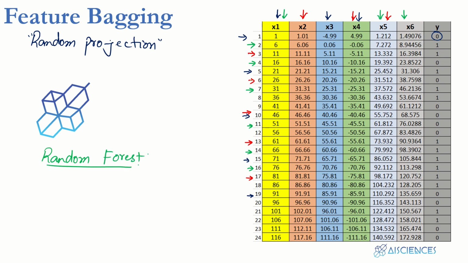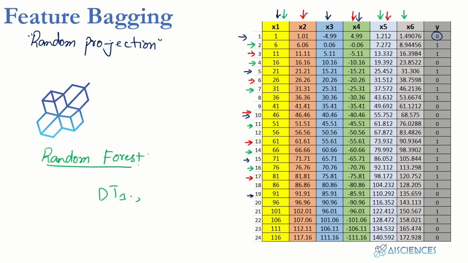So pick a random subset of data, random samples, maybe sample number 2, 4, 7, 11, 14, and 16, completely at random. Then out of the features, pick a random subset of features and build a decision tree on top of that. So let's say that is decision tree 1, train a decision tree.